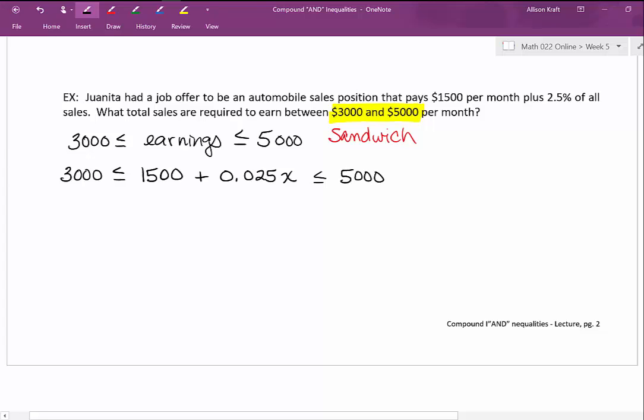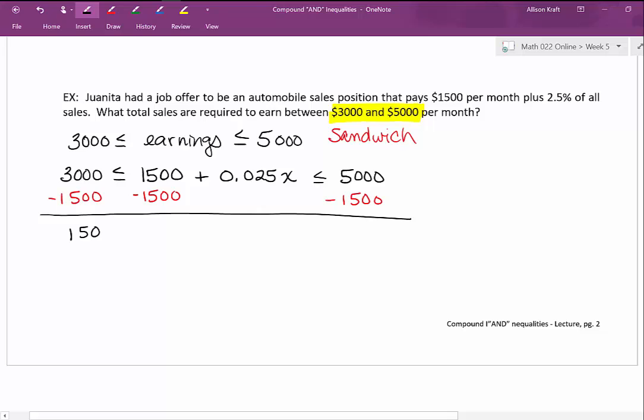And now we solve this compound inequality. I'll start by subtracting 1,500 from all sides. Which gives me 1,500 is less than or equal to 0.025x, which is less than or equal to 3,500. Next, we divide all sides by 0.025.